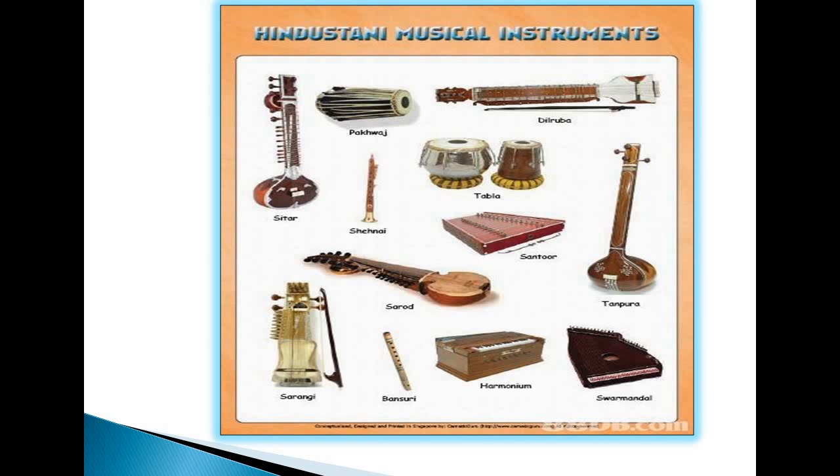These are associated with the core of Hindustani classical music. Without these instruments, the classical music, the melody and the unification of the instruments would not have proved to be something very great.